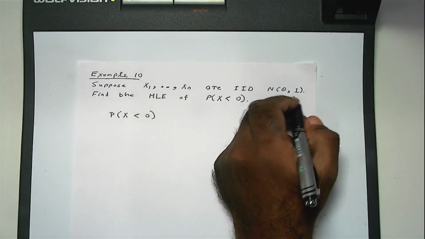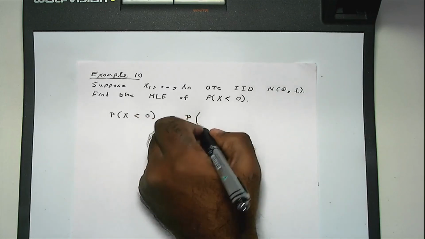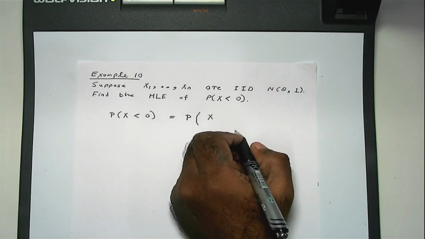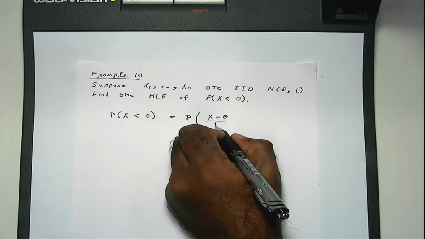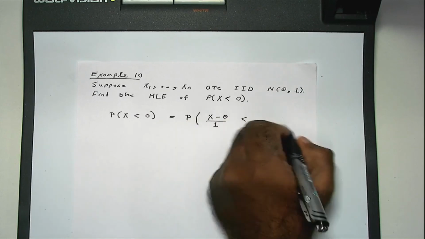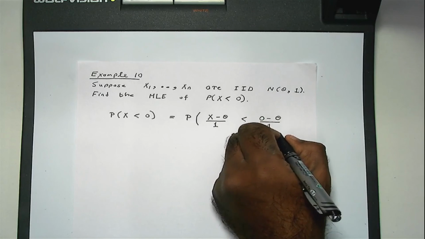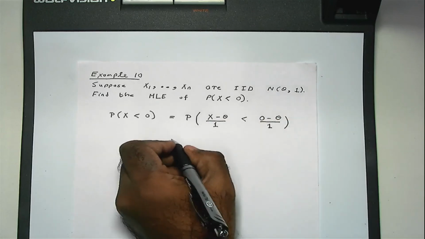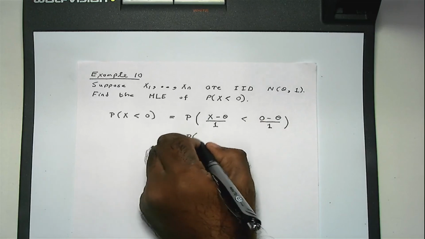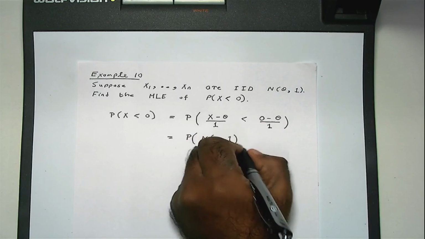So the first thing I'm going to do is standardize x by subtracting the mean and dividing by the standard deviation. Okay. Now this is the standard normal variable, so this is the probability that N(0,1) is less than minus theta.